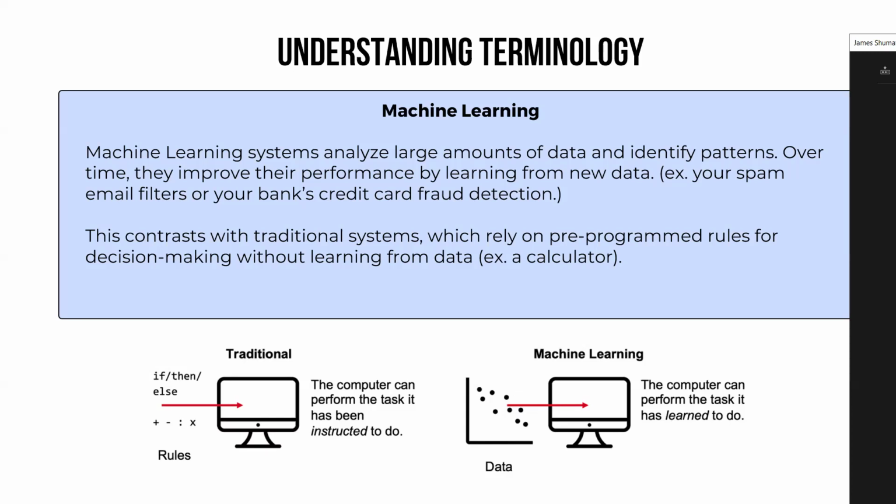So this machine learning contrasts with traditional systems, which rely on pre-programmed rules for decision making, but without learning from data. The example I thought of was a calculator, just a traditional program that you might have used in the past. Here we have two examples: traditional computing, for example, an if-then statement, or a calculation using plus or minus.